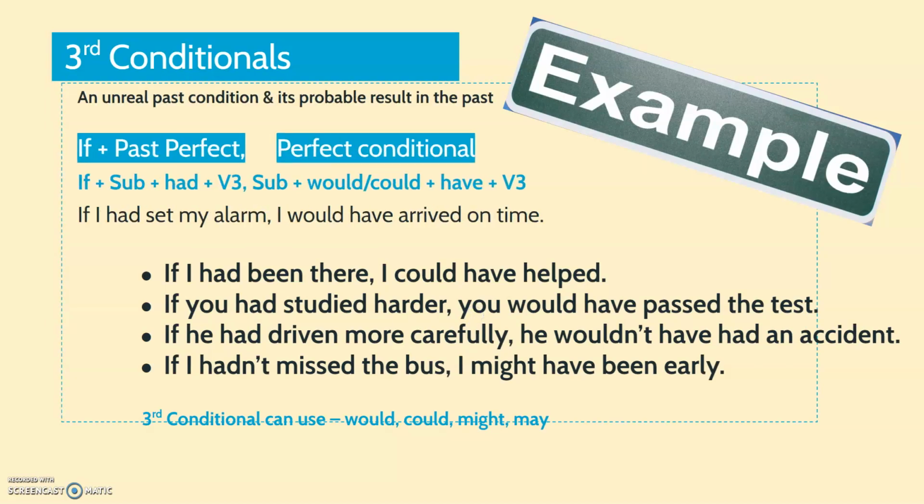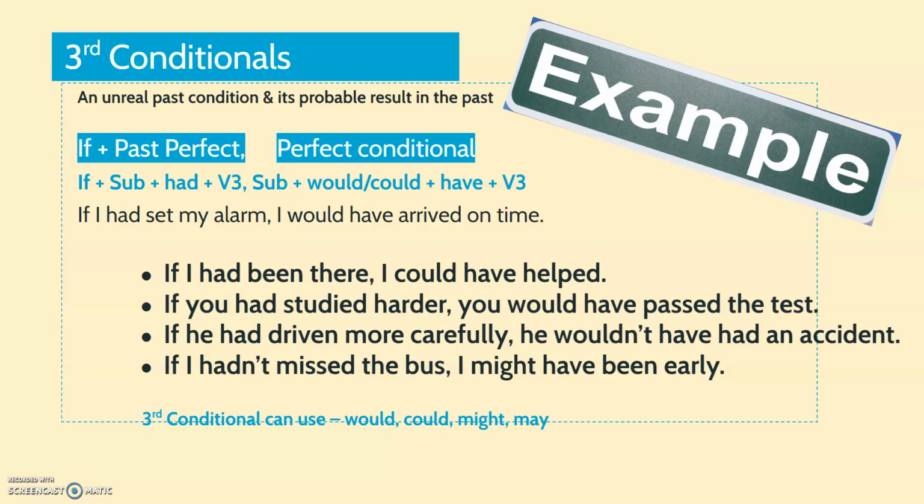So here are some more examples. If I had been there, I could have helped. We hear that a lot. Another sentence we hear often: if you had studied harder, you would have passed the test. Something parents and teachers often say, I'm sure. Next one: if he had driven more carefully, he wouldn't have had an accident.